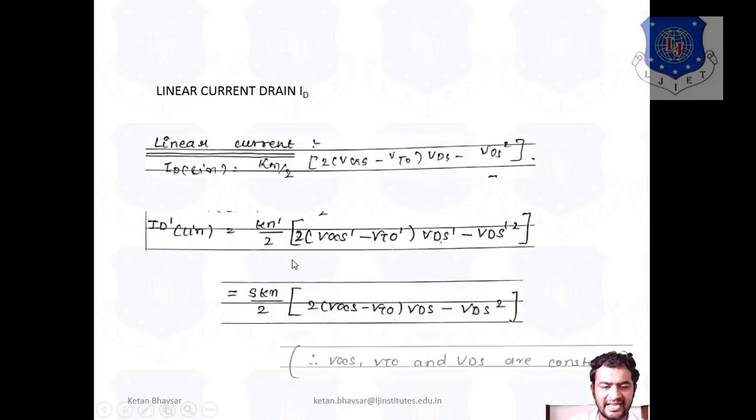So we directly say that ID' linear is equal to S into ID linear. So basically the current is scaled by the factor S, in terms of the multiplication point of view.